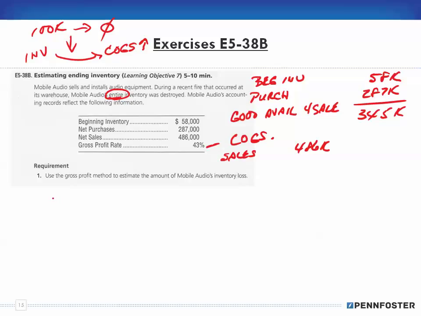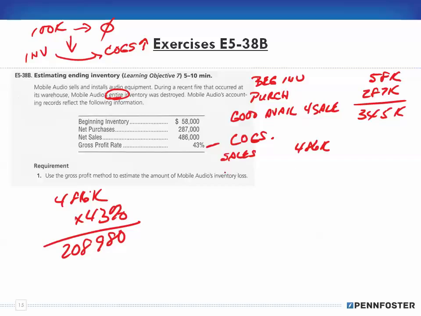So if I have 486,000 and I multiply it by 43%, let me do the math here, 486 times 43%, that's going to be 208,980.